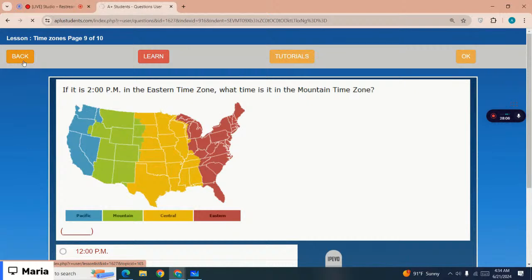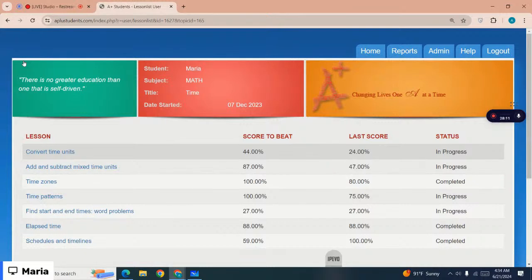Let me just move on to the next lesson, and the next lesson is time patterns. Let's just start with the lesson.